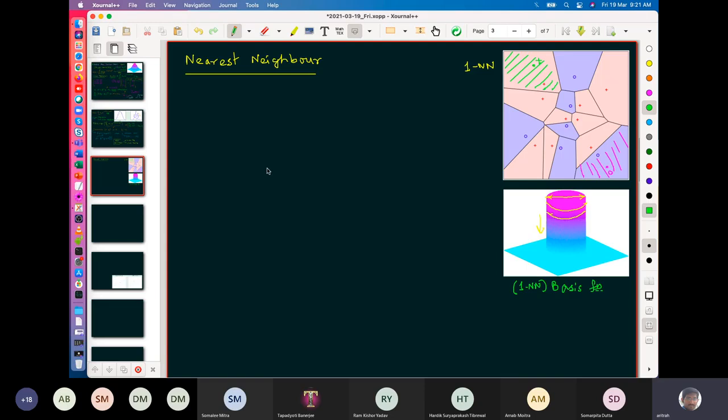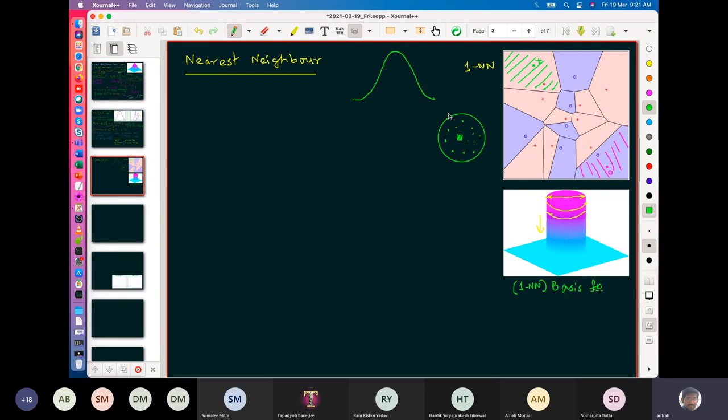Rather, in case of k nearest neighbor, the Gaussian function matters very much, because what happens in case of k nearest neighbor is that I will try to draw the k nearest points within a point. What does it mean?